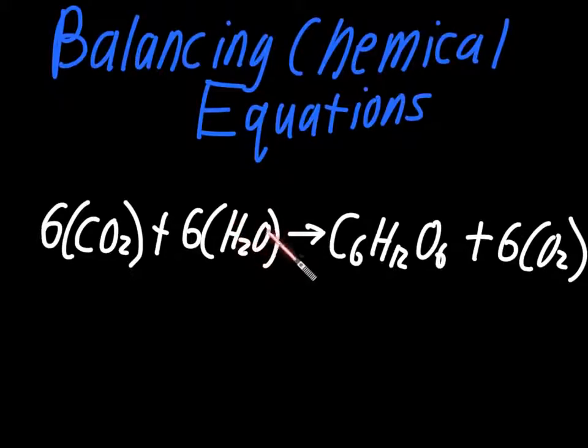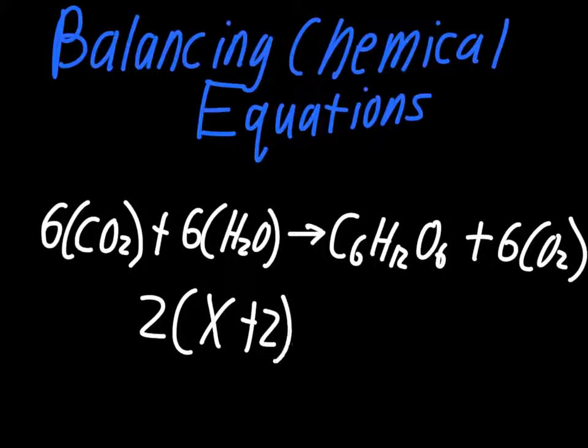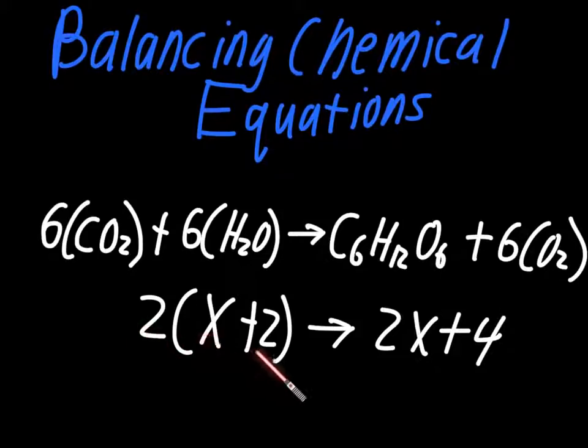So this is a molecule of water. We've got a 6 on the outside. So what we end up doing with this 6 is we distribute this, just like you would distribute a concept in math. For example, if you had 2 distributed across x plus 2, that would end up giving you 2x plus 4. So you would just take that 2 and distribute it across both of those factors.